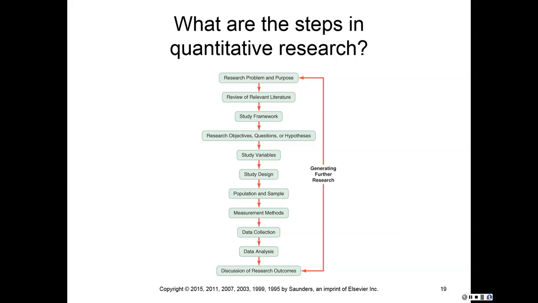And from there, they identify their research problem and purpose. They review the literature. They pick a framework. A framework is like a roadmap that has particular concepts, like, for example, the self-care framework that's discussed in your textbook.